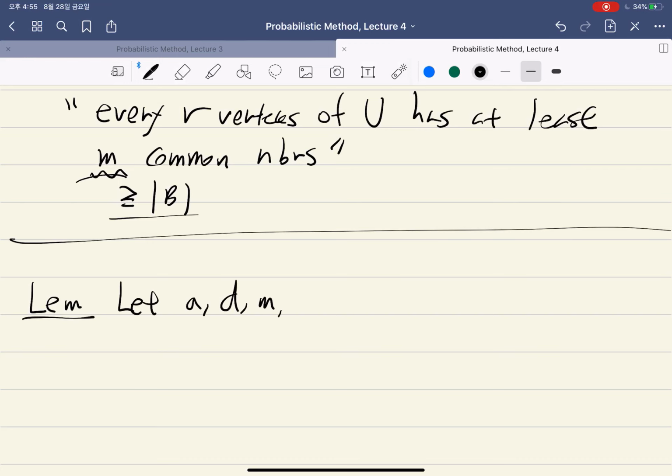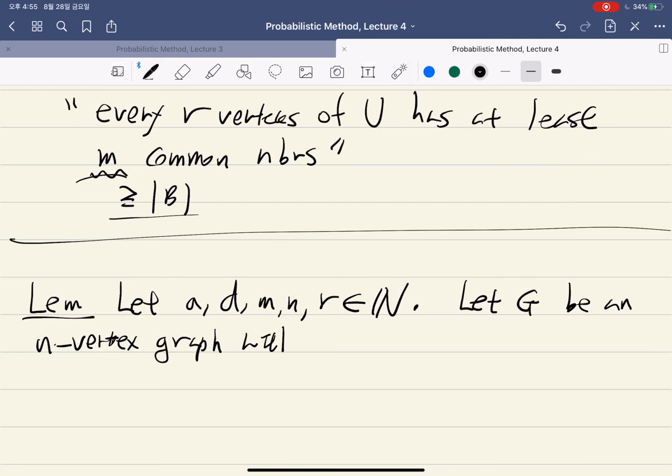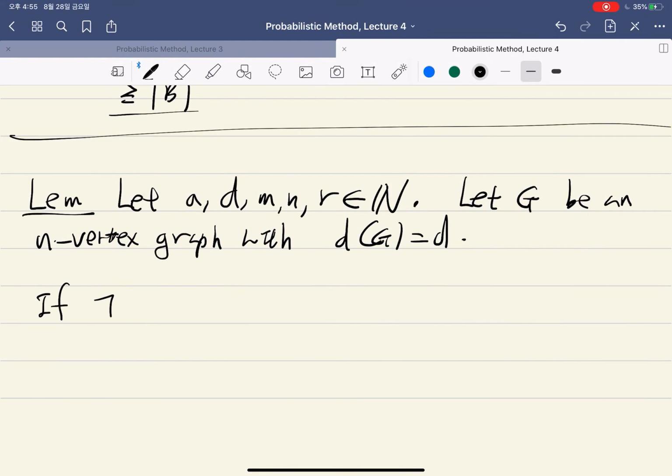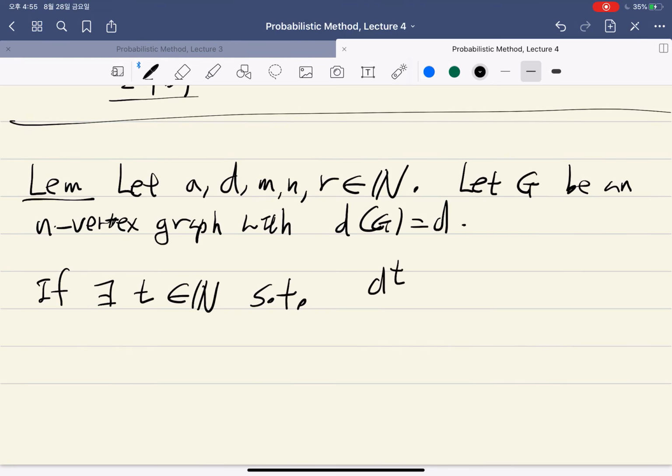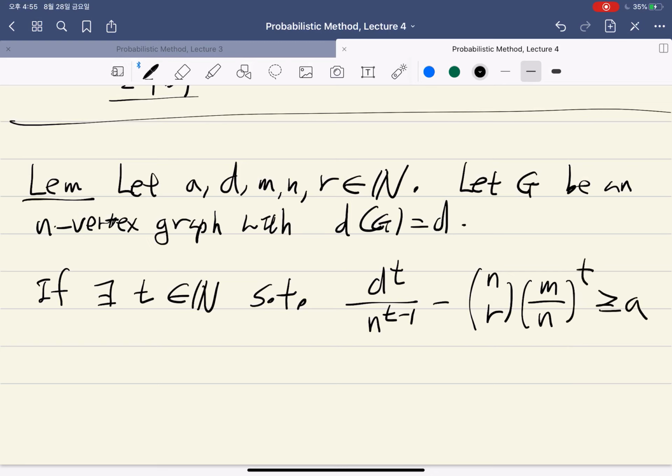So let some numbers be given, and G is an n-vertex graph with average degree D. And if there exists T such that D to the T over n to the T minus 1, minus n choose R times m over n to the T, is at least A. So whatever this expression means, it's not too important as long as you understand the proof. If you understand the proof, then this expression will be natural.